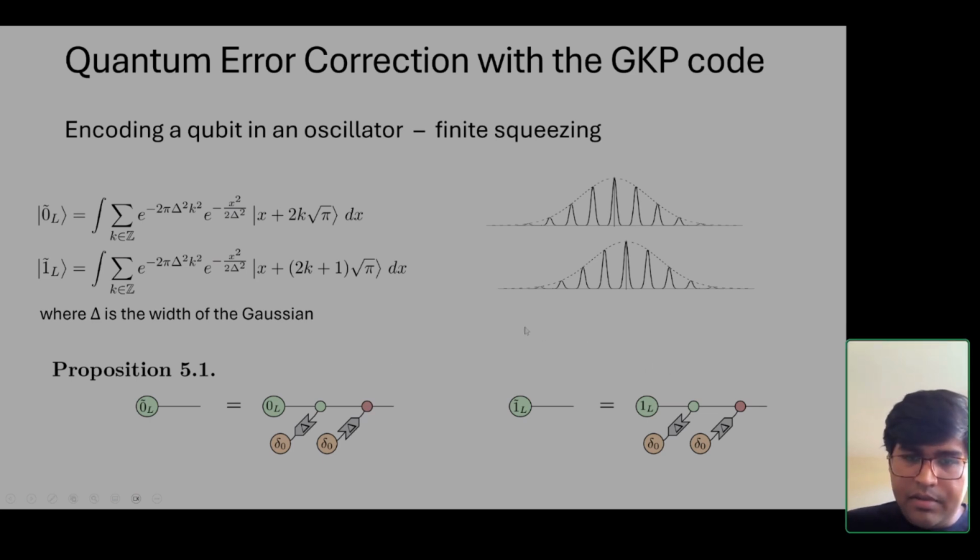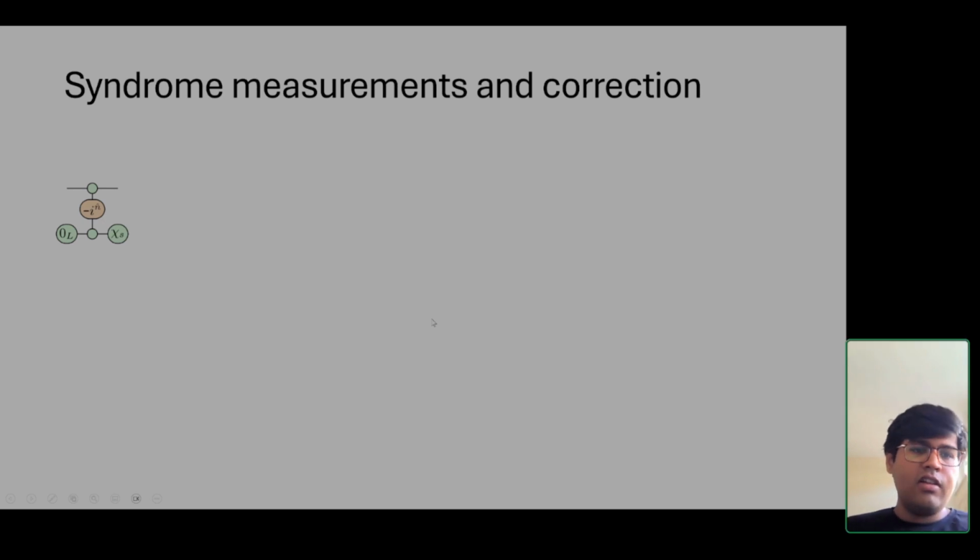So you can derive this very compelling diagram for finite squeezing. And we can also reason about error correction. You can also think about the syndrome measurement. The circuit for syndrome measurement corresponds to this, where you have a zero logical, and you perform a Control Z and you measure.